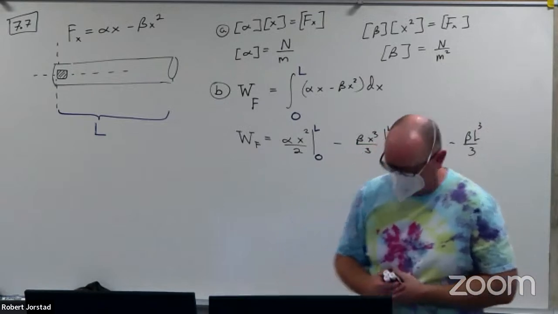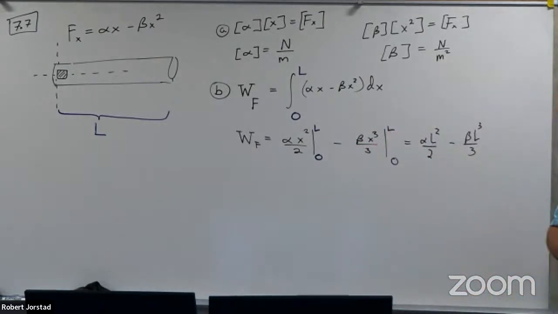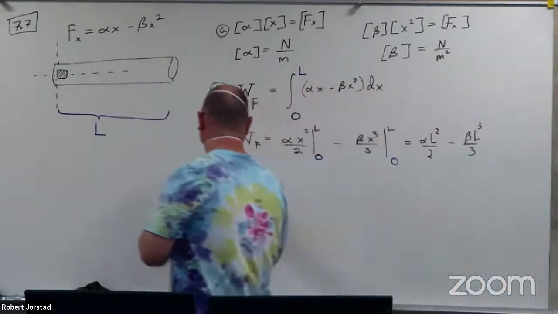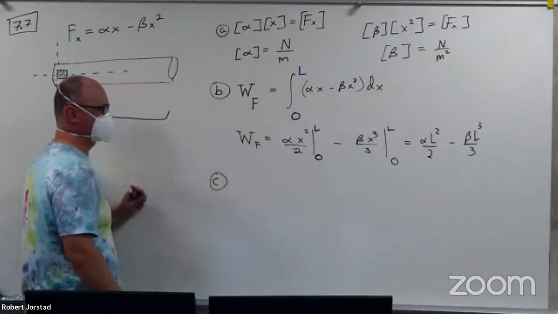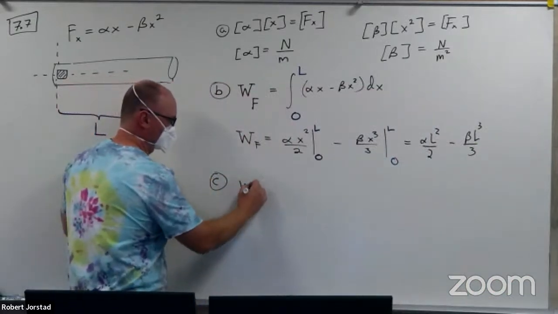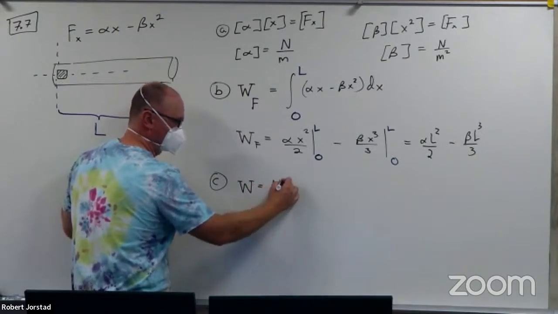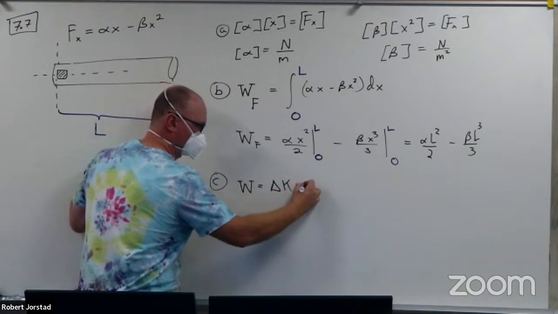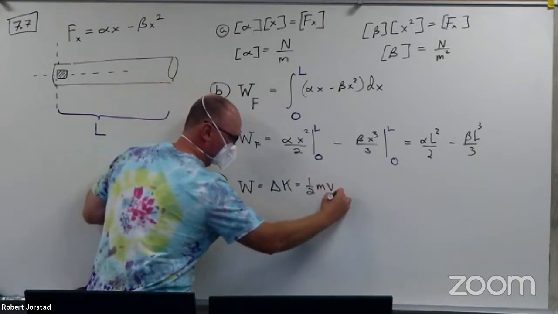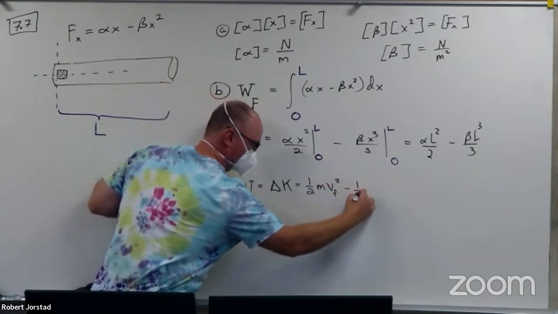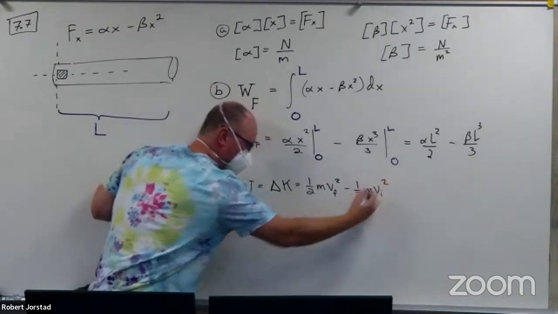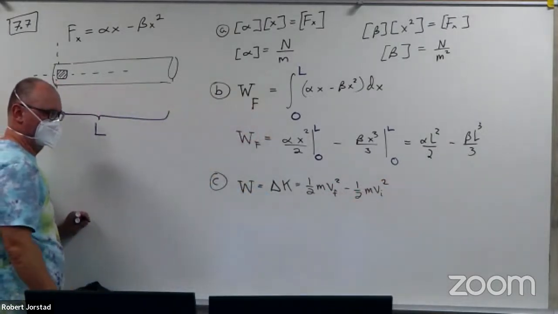Yes. How could we use this to get the speed of the bullet as it leaves the gun? How does this relate to the speed? Work equals what? Change in kinetic energy, which we know is 1/2 m v squared.